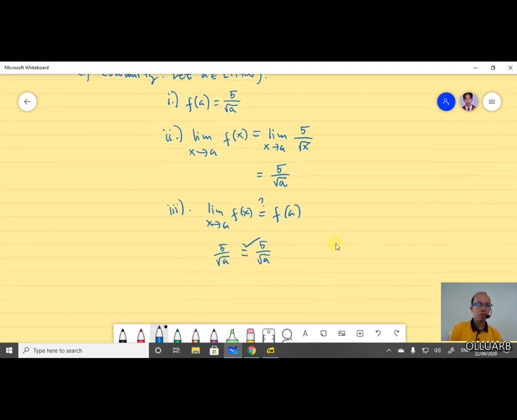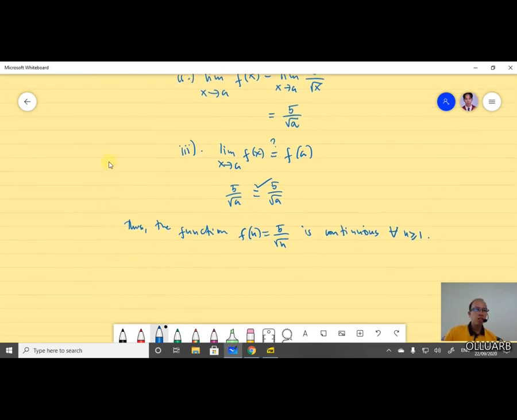The conclusion is, thus, the function f of n, which is equal to 5 over square root of n, is continuous for all n greater than or equal to 1.